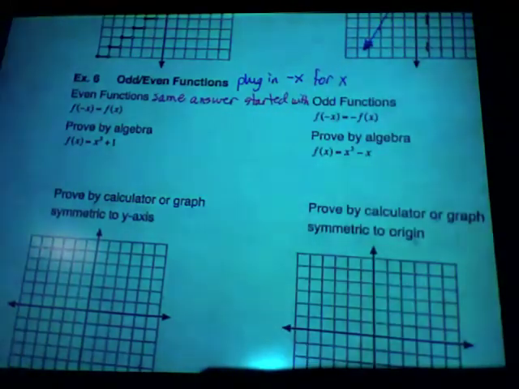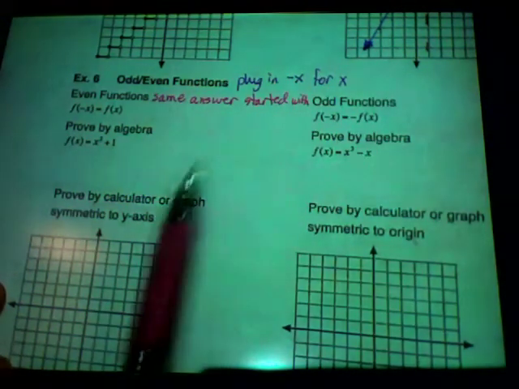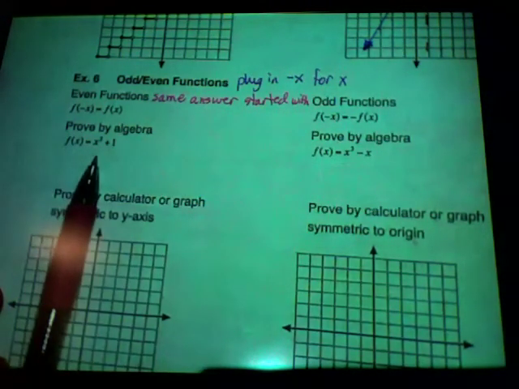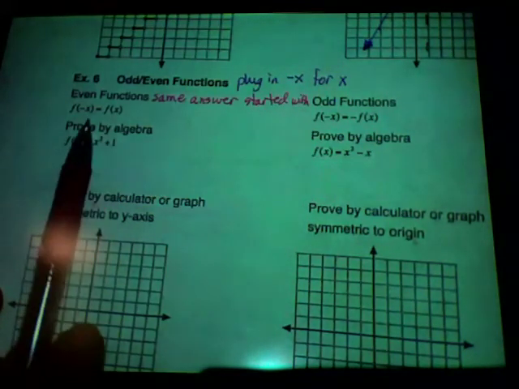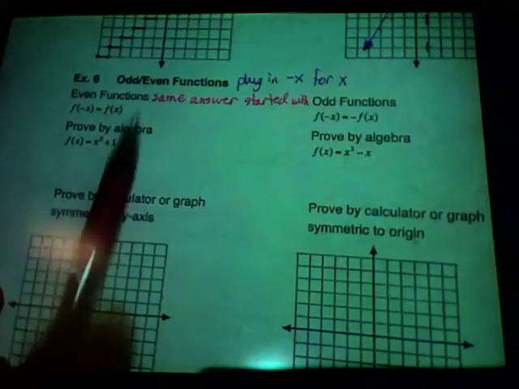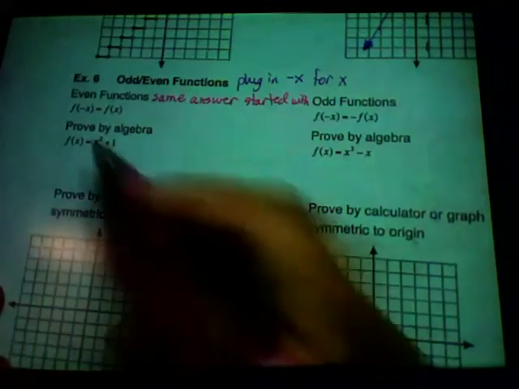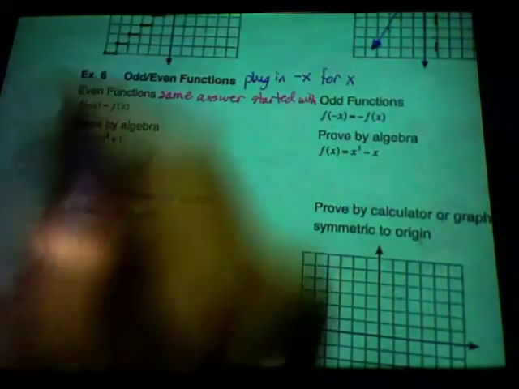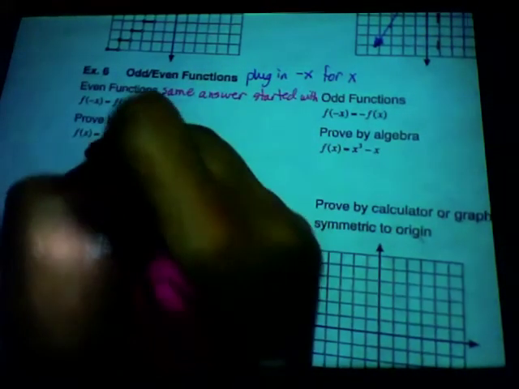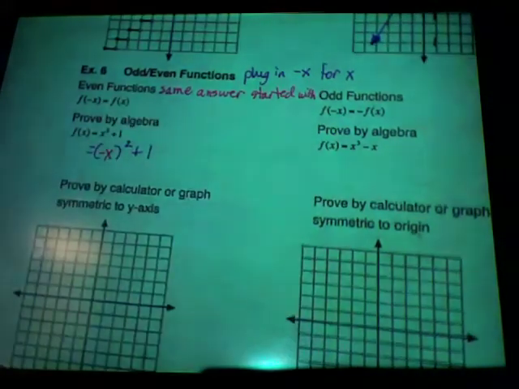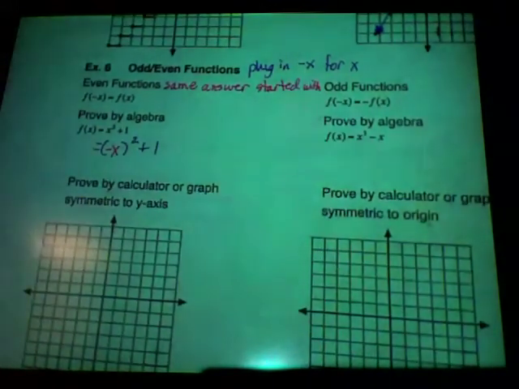So for example, look at what happens. If I take the function right here, and I want to prove that if I replace x in this function with negative x, I should still get the same exact function I start with. So here's my function. I'm going to replace every x I see here with a negative x. What's a negative x squared?